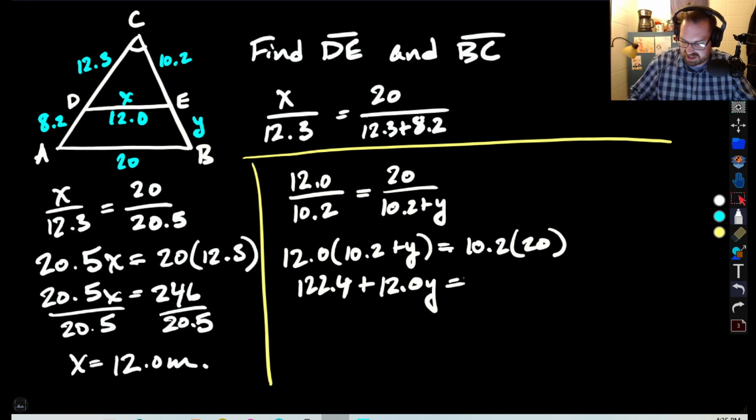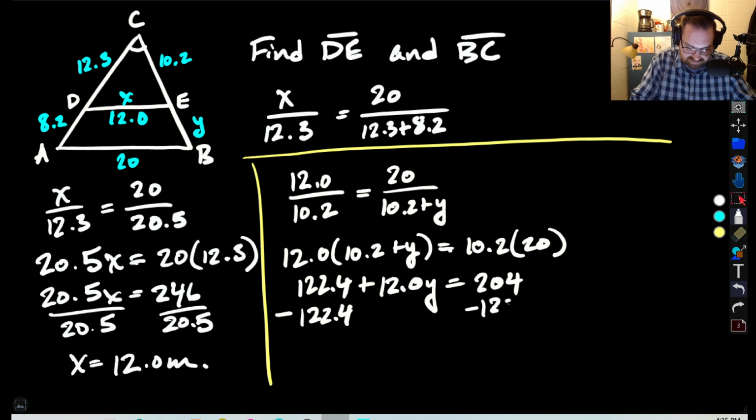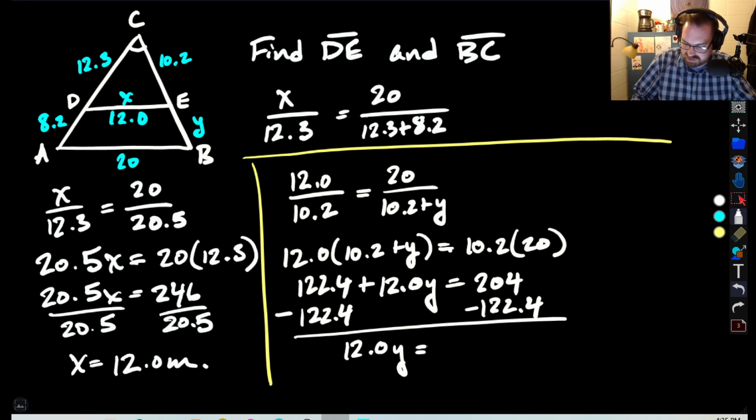And then on the right-hand side, I've got 10 times 10.2 times 20, which is 204. I can subtract 122.4 from both sides, and I'll have 12.0y is equal to 204 minus 122.4, which is 81.6, and now we just divide both sides by 12.